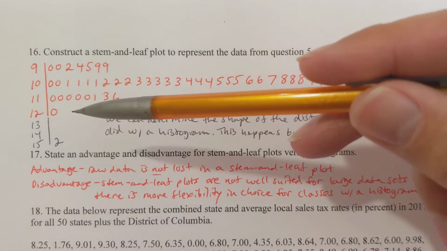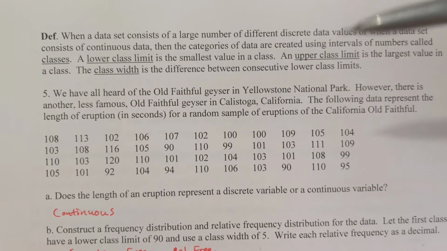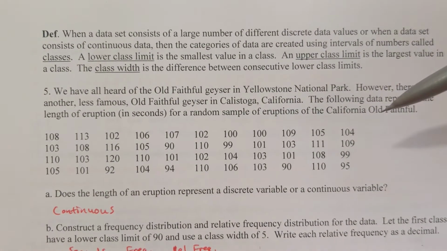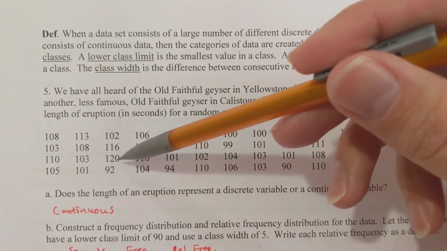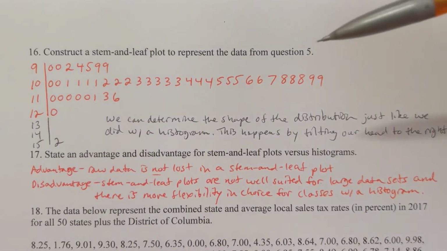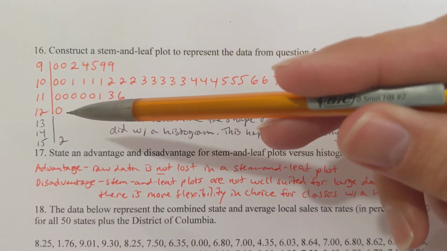The biggest data value that we had was 120, so if I ignore the 0 in 120, I get a 12. So my stems would be the numbers 9, 10, 11, and 12.